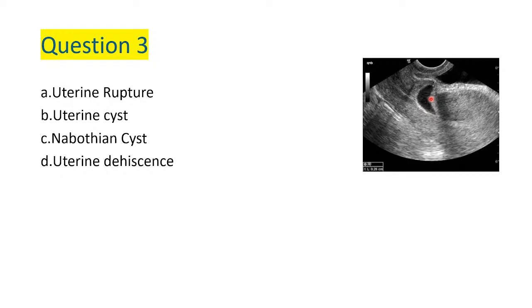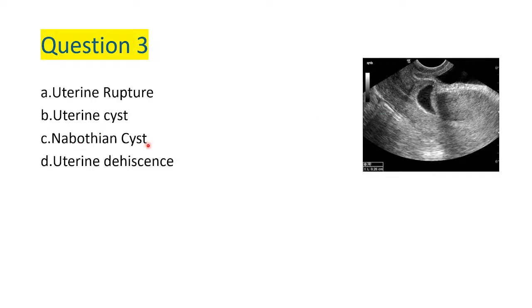Definitely the uterus is not ruptured, because you can see there is preserved tissue of the myometrium and the perimetrium here. There's no communication with the bladder there, so it's not a rupture. Uterine cyst, definitely this is not. This is on the isthmus of the uterus, so it is not a uterine cyst.